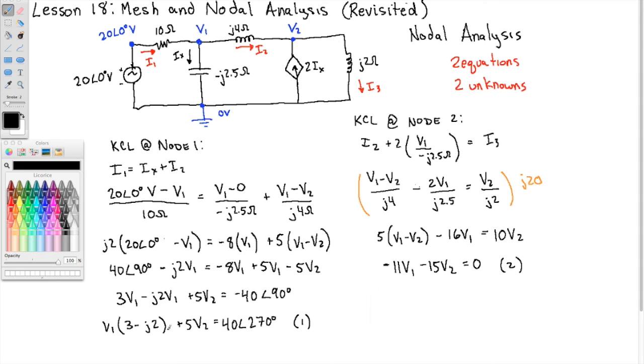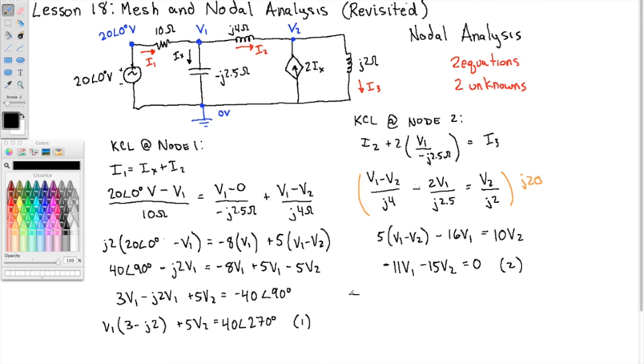Alright, now when I construct my matrix to put into Matlab, I want everything in rectangular form. So back to equation 1, I've got 3 minus J2, that's fine, 5 is fine, but this 40 angle 270, that we have to change to rectangular form. So remember, 270 degrees is straight down, so this is minus J40.